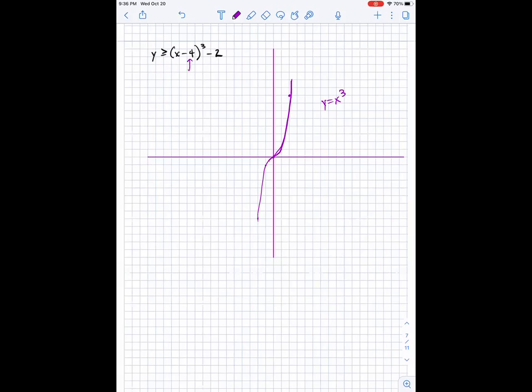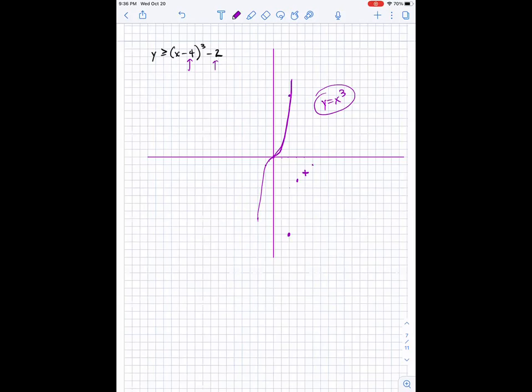This 4 means we're going to move it to the right 4. This 2 means we're going to move it down 2. So this 0 is over 1, 2, 3, 4, down 2. And now I can graph the typical y equals x cubed from here.